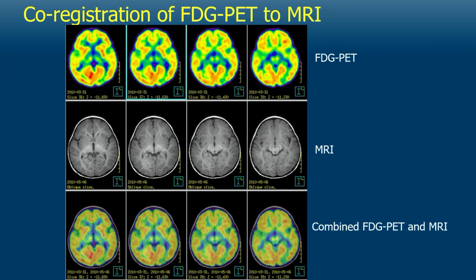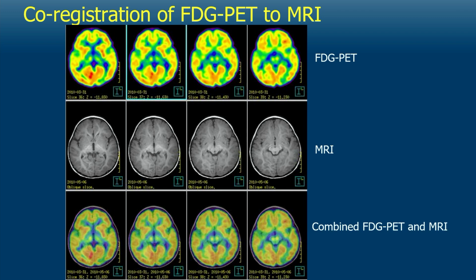Okay, when we do the PET scan, we typically combine it with MRI so that it helps us really identify the exact location of the PET abnormality in reference to the MRI. We can also re-review the MRI based on the PET abnormality, so it serves a dual function.